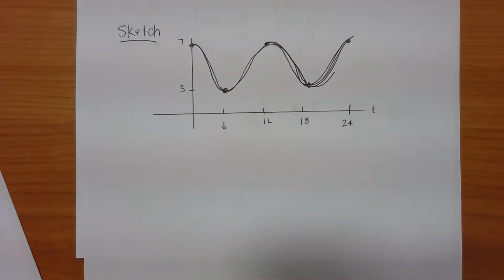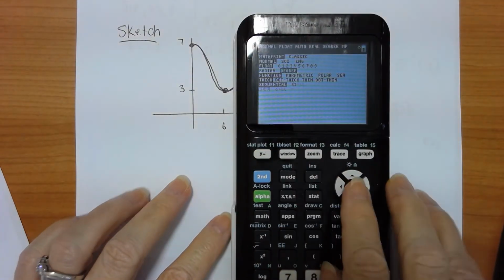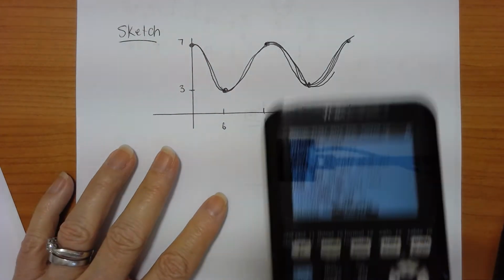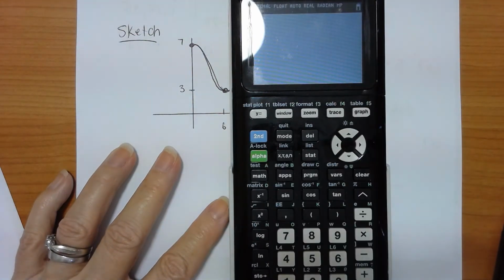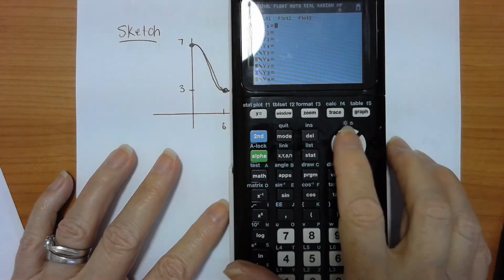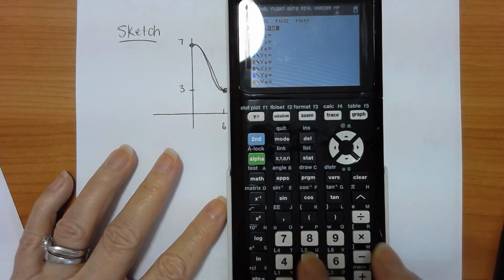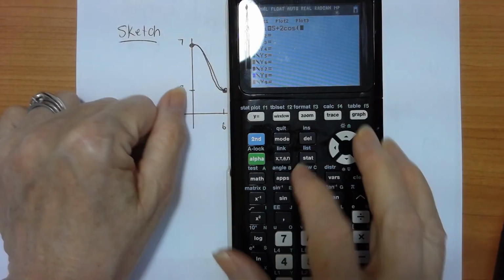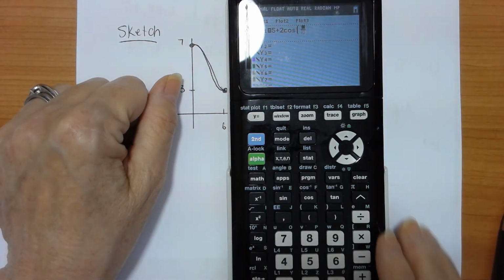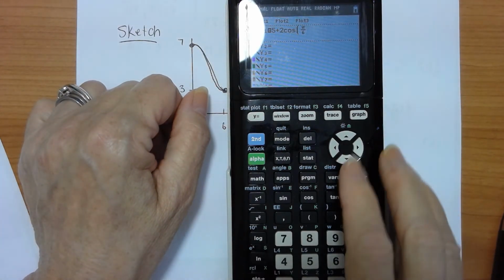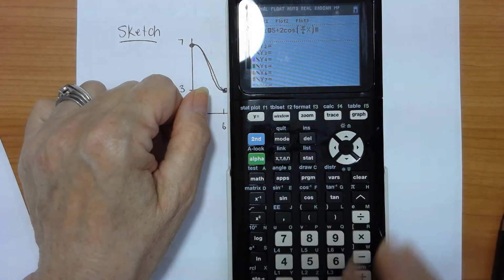And remember that you need to be in radians. I'm in degrees right now, so remember that you go mode and then down to radians. In fact, all this stuff is always in radians. The derivative is taken in radians. And I could graph y equals 5 plus 2 cos, and then I'm going to do my fraction pi on 6x, in the brackets.